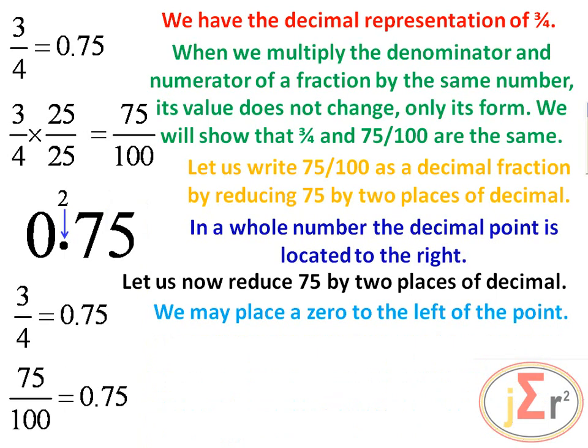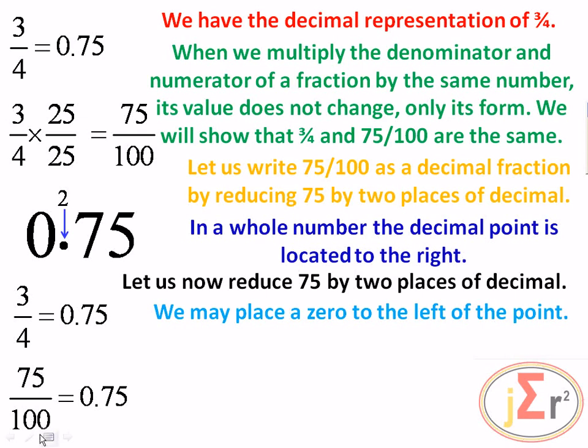So 3/4 is equal to 0.75, and 75 over 100 is 0.75. How did we arrive at 75 over 100? We took 3/4 and multiplied both numerator and denominator by 25. So multiplying by 25 both numerator and denominator resulted in 75 over 100.